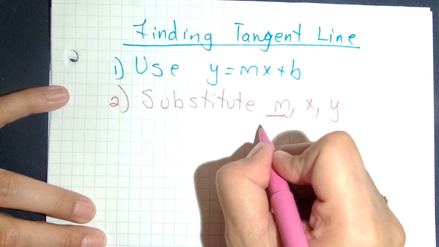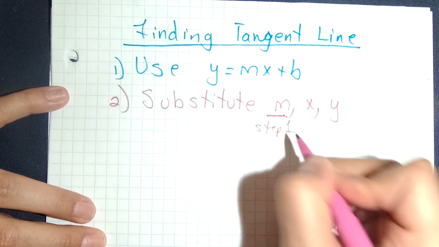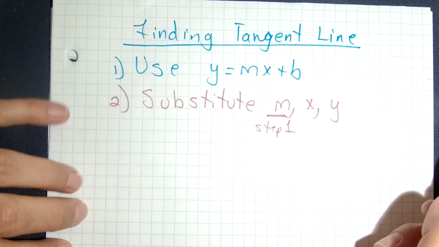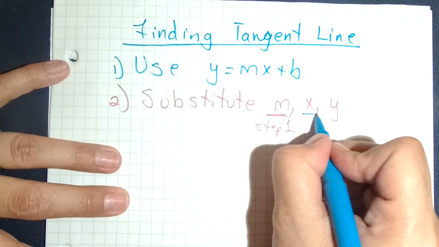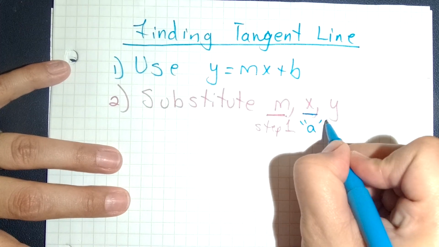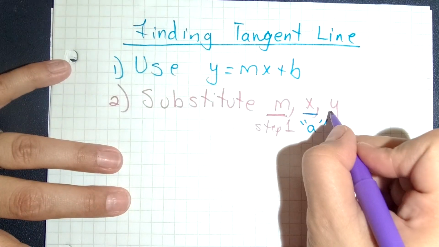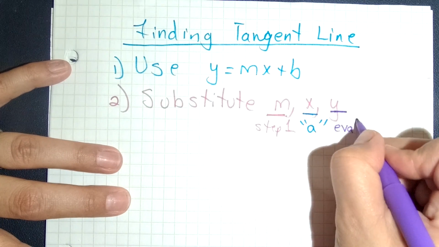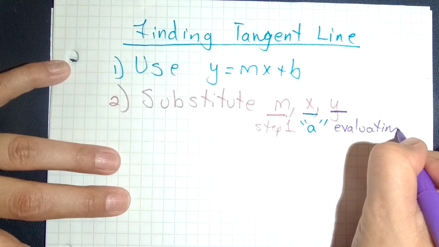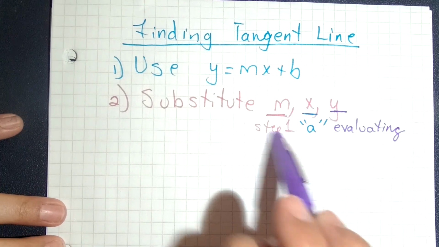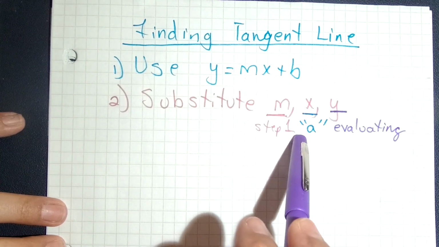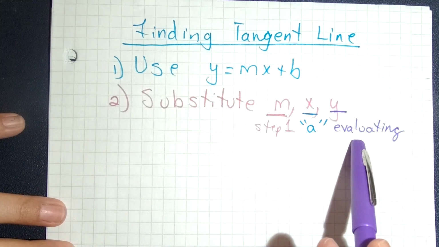Remember, m you got from step 1 of the tangency point. X was given to you as A, and y we found by evaluating.